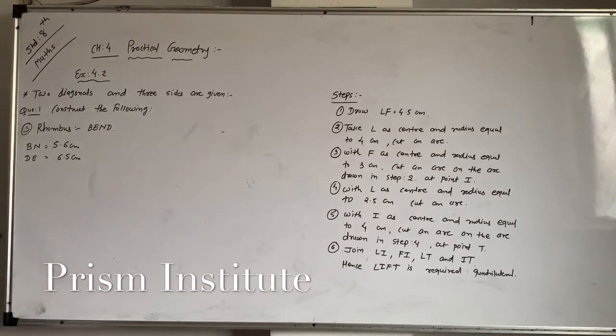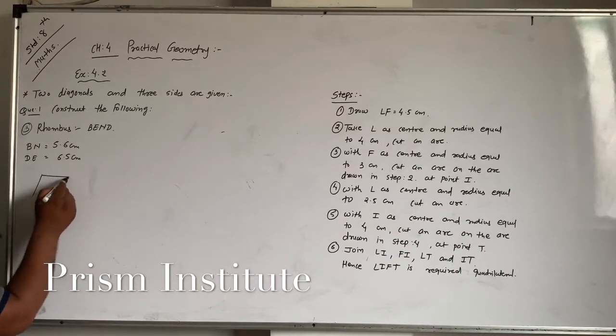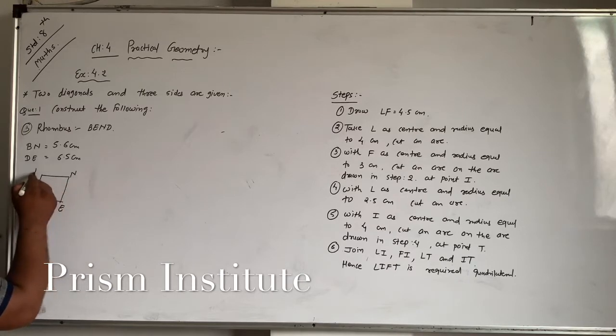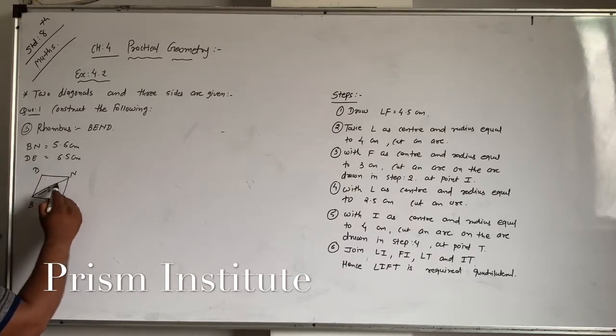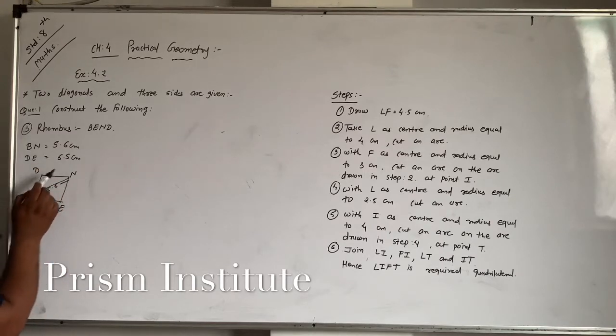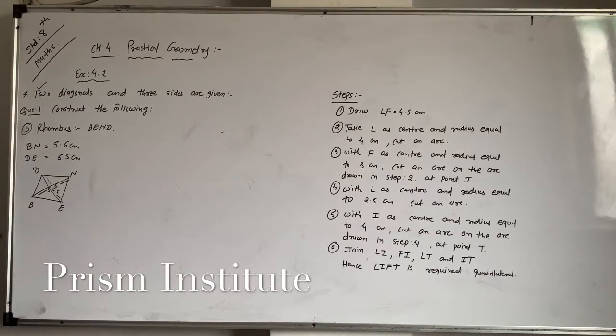Now the question arises that here only two diagonals are given. Just suppose you draw BEND as any quadrilateral. Now BN is a diagonal, that is 5.6, and DE is also a diagonal, that is 6.5. Now our exercise says that two diagonals and three sides are given, but here only two diagonals are given.